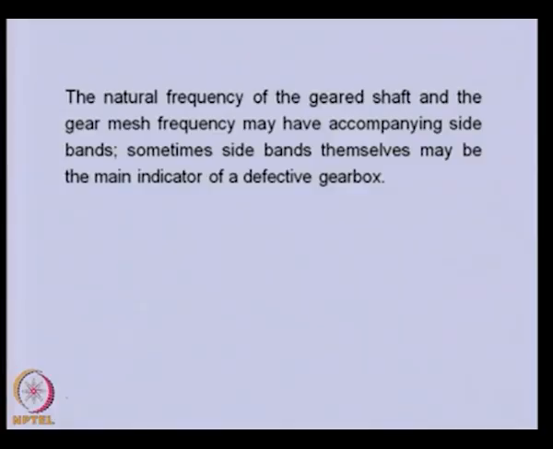The natural frequency of the geared shaft and the gear mesh frequency may have accompanying sidebands. Sometimes sidebands themselves may be the main indicator of a defective gearbox. So, if there are sidebands near the gear mesh frequency, then we can have a fault in the gearbox.